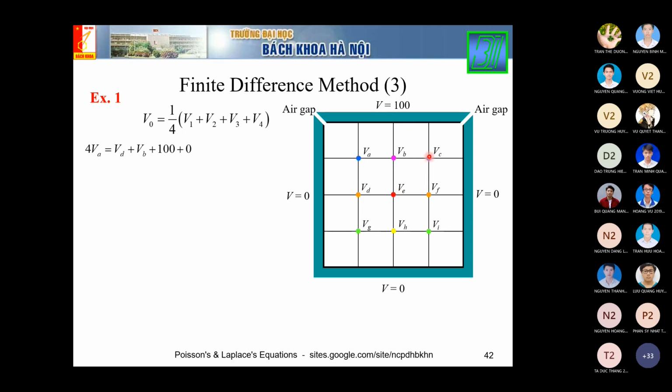That's very good. 4 times VB will be 100 plus VA plus VE plus VC. I'm sorry, plus 100. But we knew that a diamond is better than a square, so in this case I apply the diamond. All right? Yes. Thanks. That's very good. Similarly, you can find by yourself the equations of the 7 remaining nodes like this.